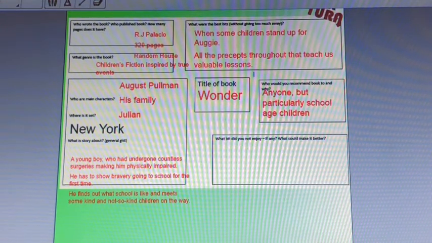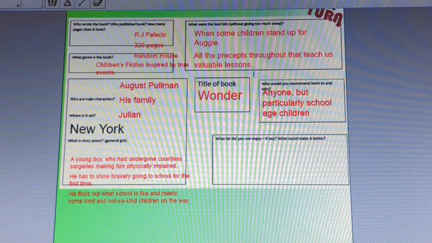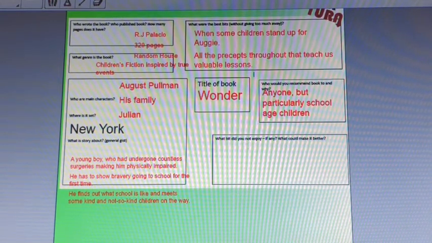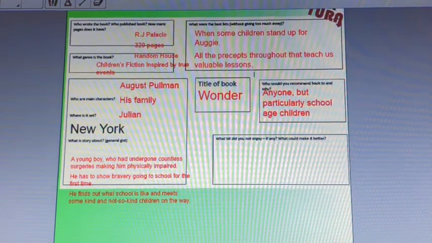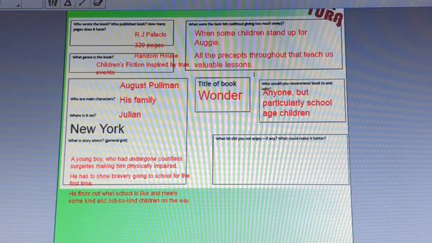He has to show bravery when going to school for the first time, and on his journey he finds out what school is all about and meets some kind and not so kind children on the way. What did I enjoy most about the book? I liked it when some children stood up for Augie, that he found out that there are really good children, really good people out there.